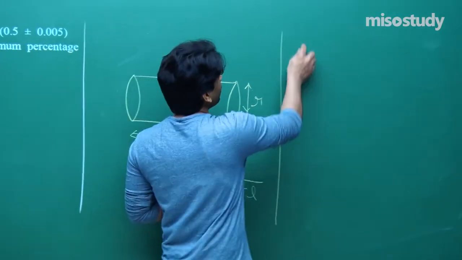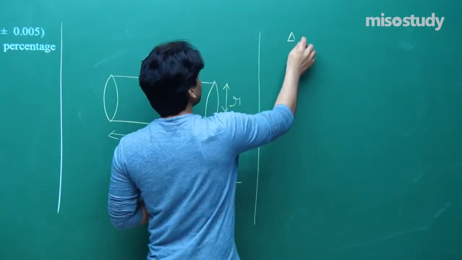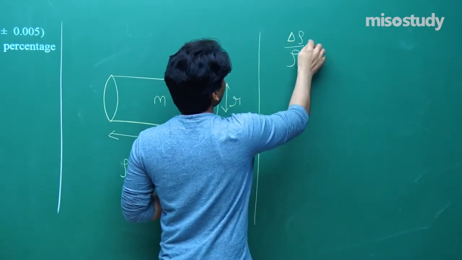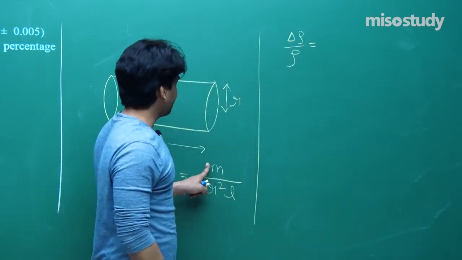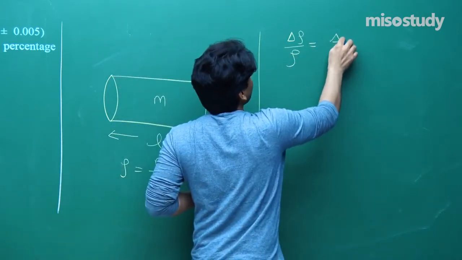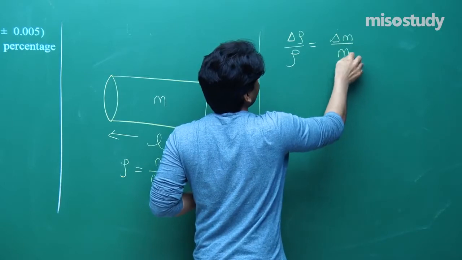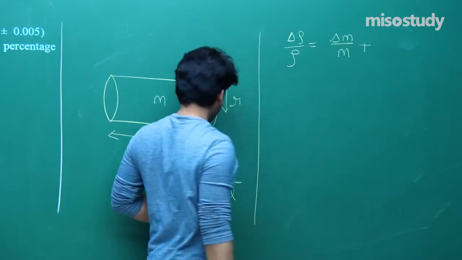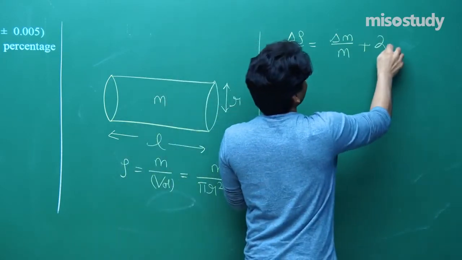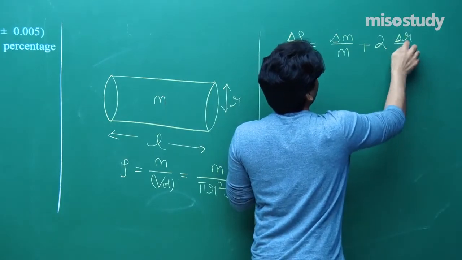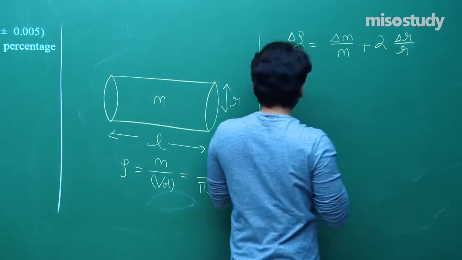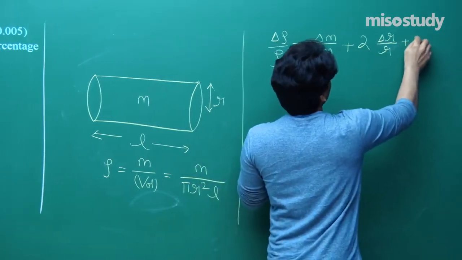Percentage error we need to evaluate. So delta rho by rho will be equal to delta m by m plus twice of delta r by r plus delta L by L.